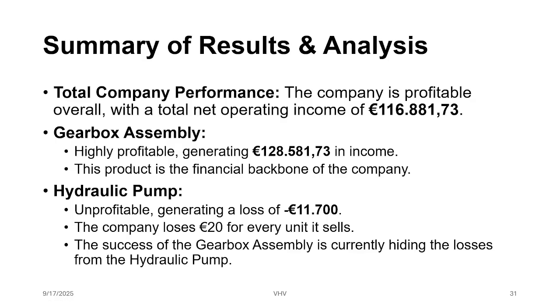So this summary slide tells us the whole story. The company is profitable overall, with a total net income of nearly 117,000. But this top-level number is misleading. Why? Because the gearbox assembly is a star performer. It is highly profitable, generating over 128,000 in income, and is clearly the financial backbone of the company.